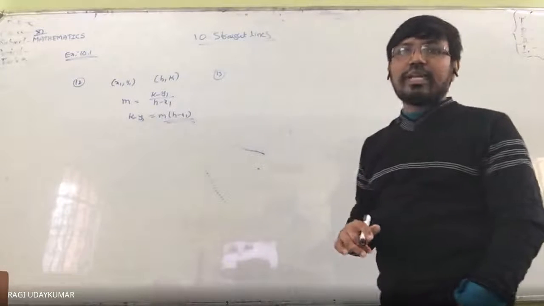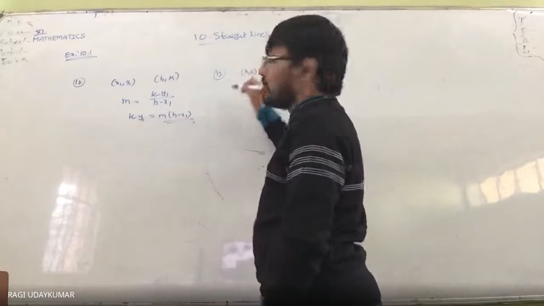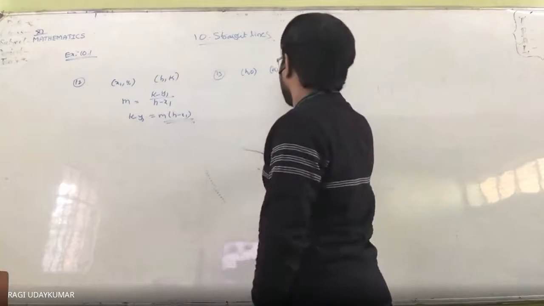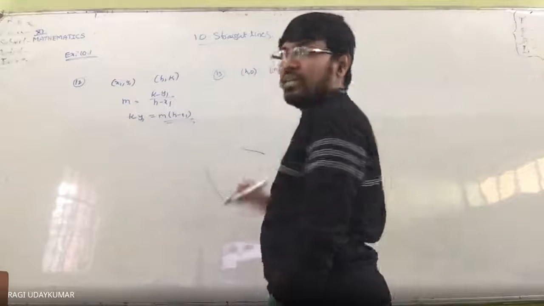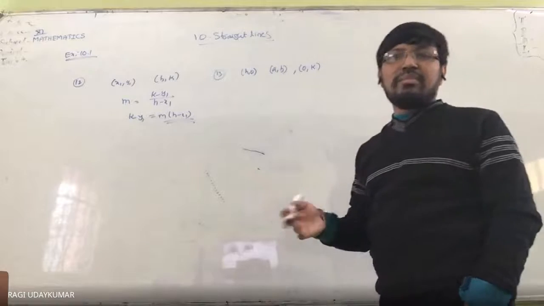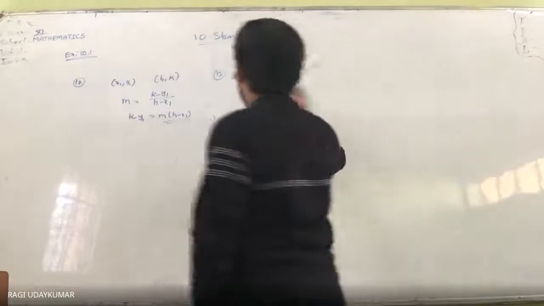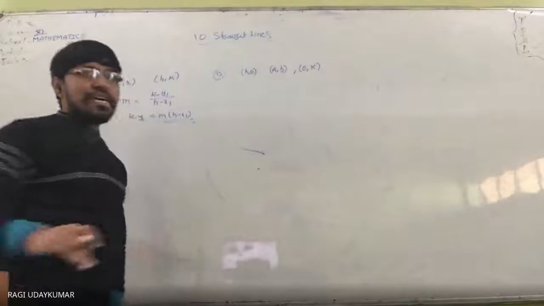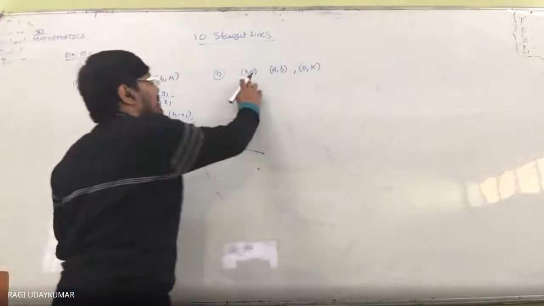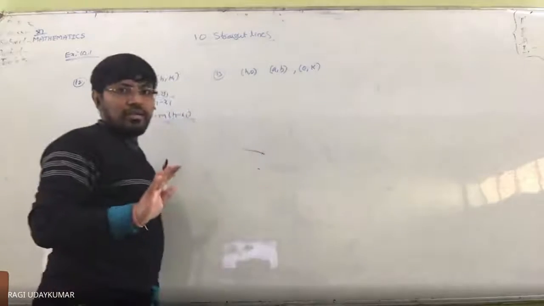That is the 13th question. If the points h comma 0, a comma b, 0 comma k are on a line, show that a by h plus b by k is equal to 1. So here these three points are collinear. If these three are collinear, then the slope of the line joining the first two and the slope of the line joining the last two will be equal.